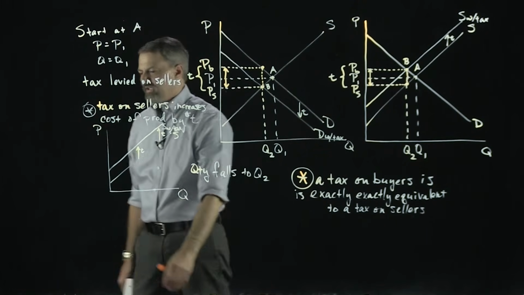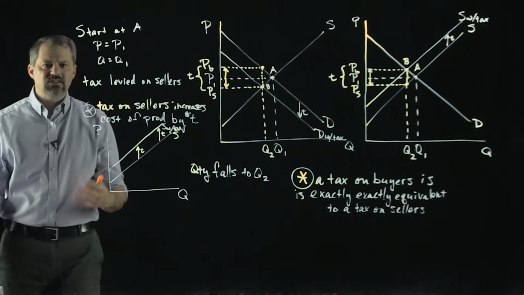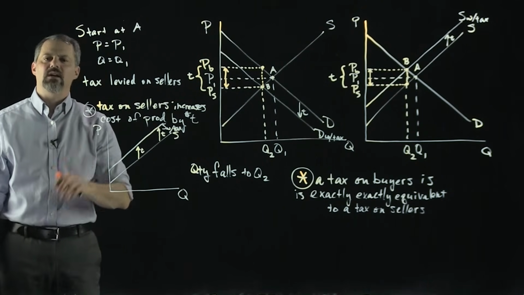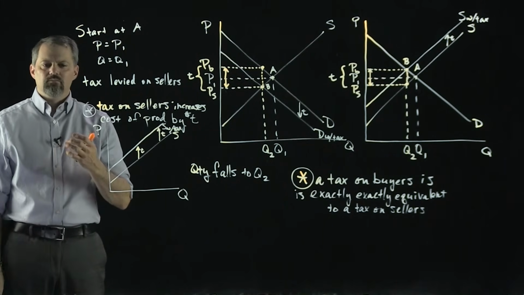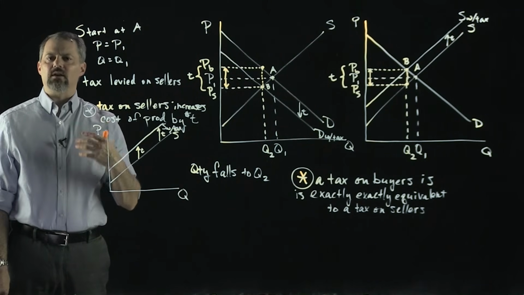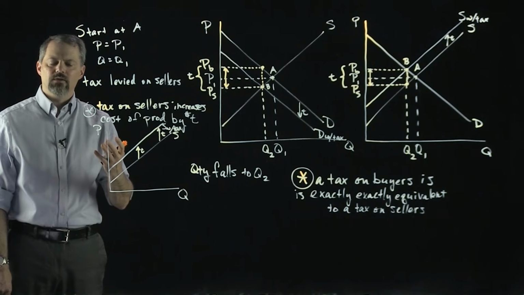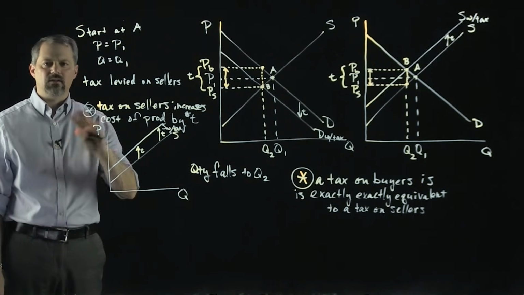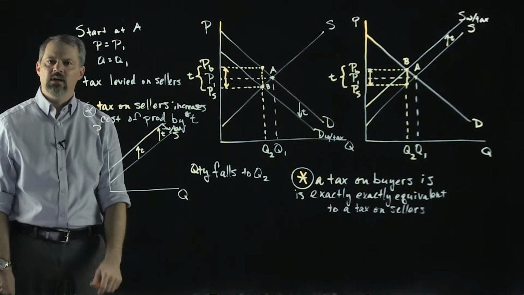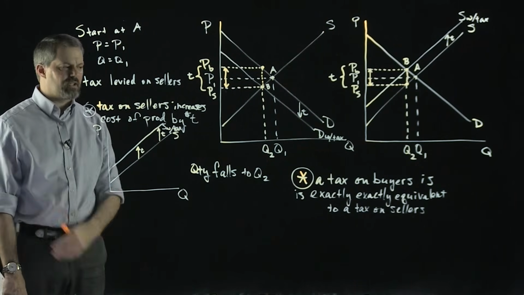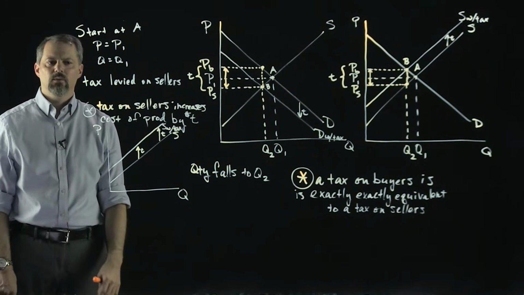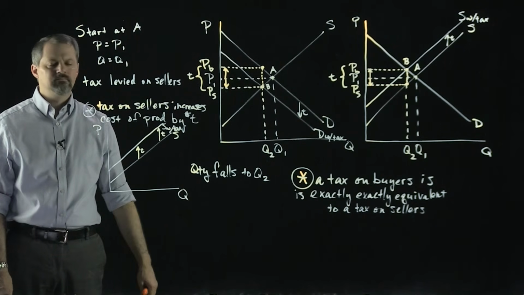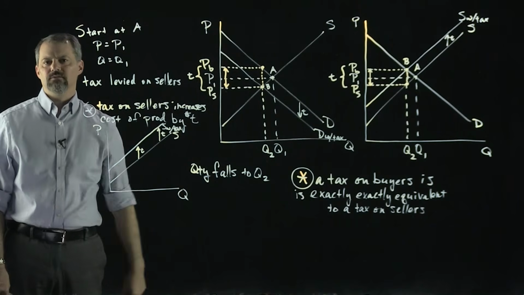Here's an example. I've heard lots of people say stuff like, you know what, cigarette companies are selling a product that, just with normal use, hurts your health. And so we should tax cigarette companies because they shouldn't be entitled to keep the profits they get from selling a product that hurts people's health. Well, that's exactly the same thing as saying we should tax smokers.